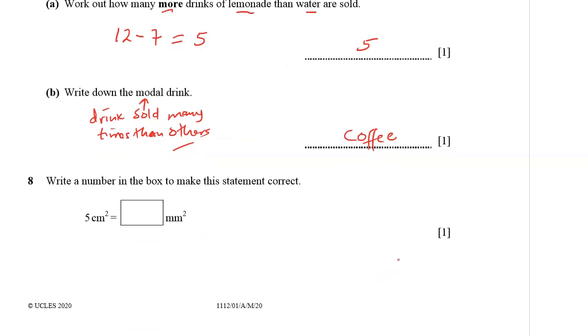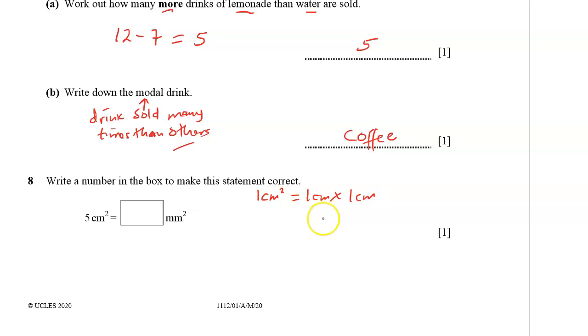Number 8. Write a number in the box to make this statement correct. 5 centimeters squared is equal to dash millimeters squared. Of course, you need to convert the centimeters to millimeters. You know that 1 centimeter squared is the same as 1 centimeter times 1 centimeter.